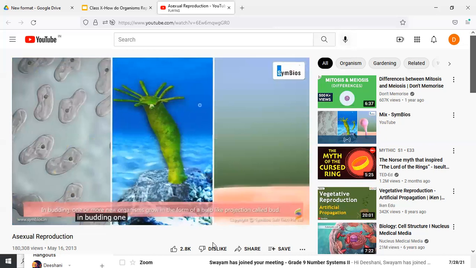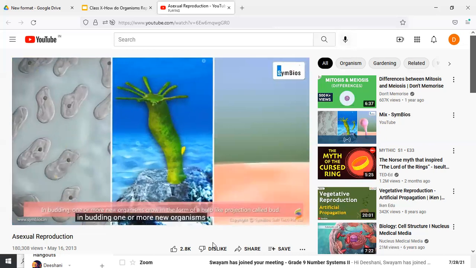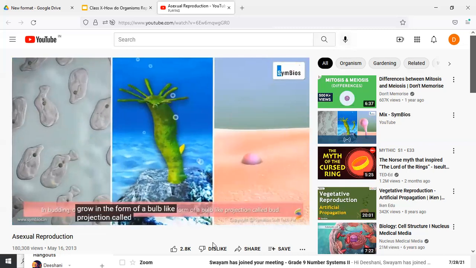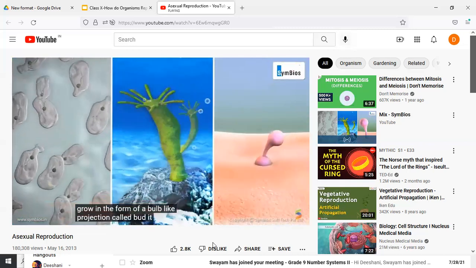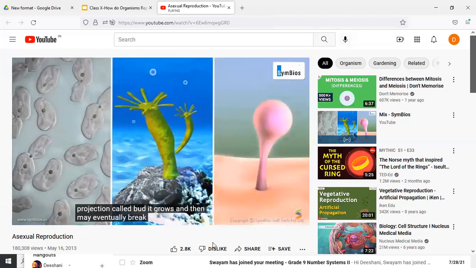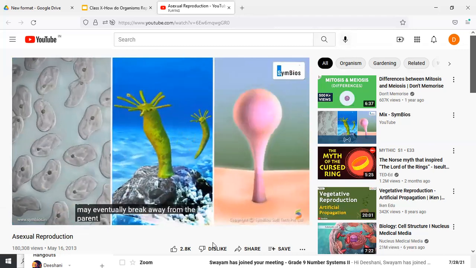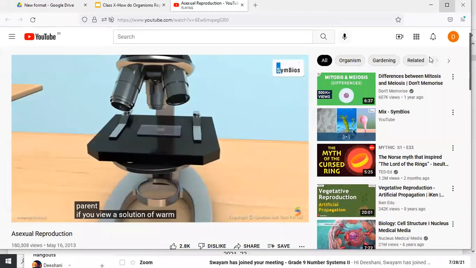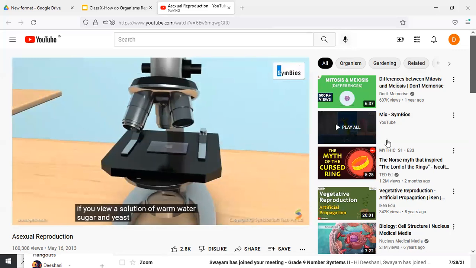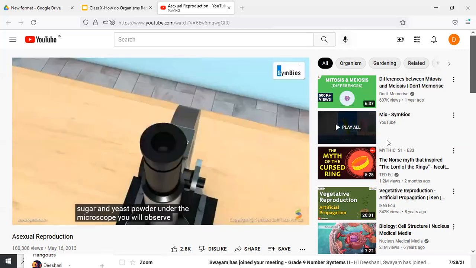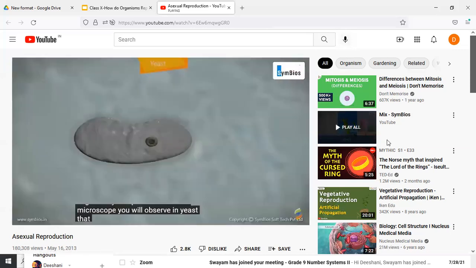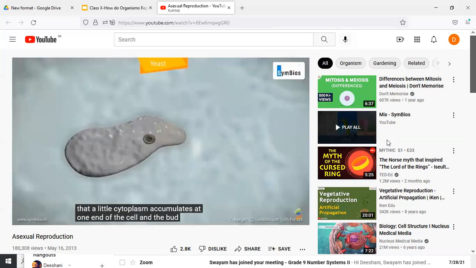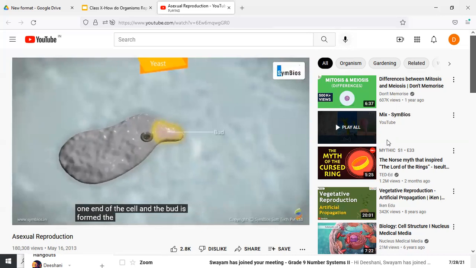In budding, one or more new organisms grow in the form of a bulb-like projection called a bud. It grows and then may eventually break away from the parent. If you view a solution of warm water, sugar, and yeast powder under the microscope, you will observe in yeast that a little cytoplasm accumulates at one end of the cell and the bud is formed.